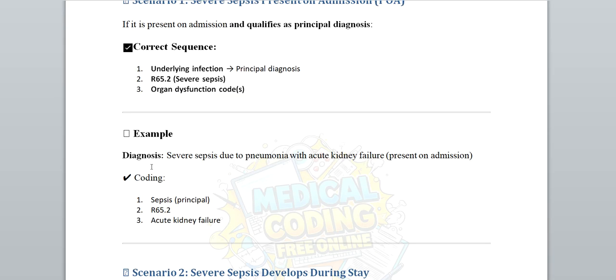Example: severe sepsis due to pneumonia with acute kidney failure present on admission. So sepsis is the principal, secondary is R65.2, third is acute kidney failure.